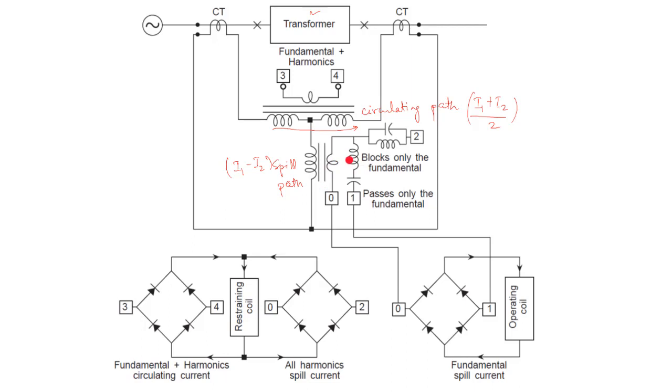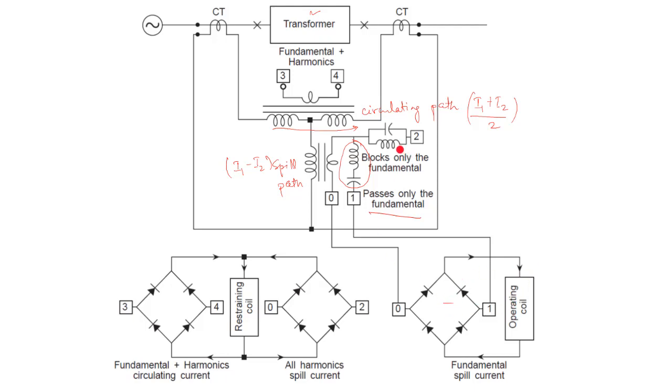This arrangement in fact helps us. Here this is the filter circuit which passes only the fundamental component, and blocks the harmonic content. The fundamental component is fed to the operating coil through a rectifier.